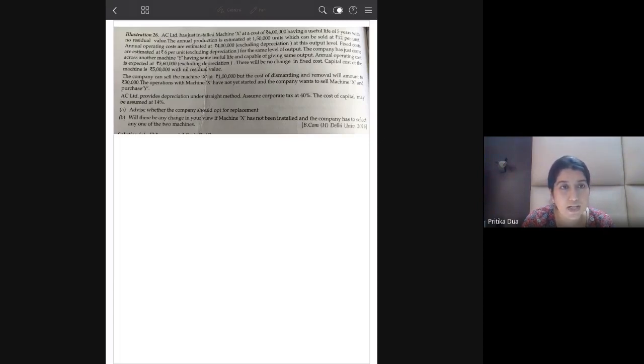So machine X can be sold for 1 lakh, but the cost of dismantling will be 30,000. The operations with machine X have not yet started and the company wants to sell X and purchase Y. So you have to advise the company on whether you should go for this machine or not.